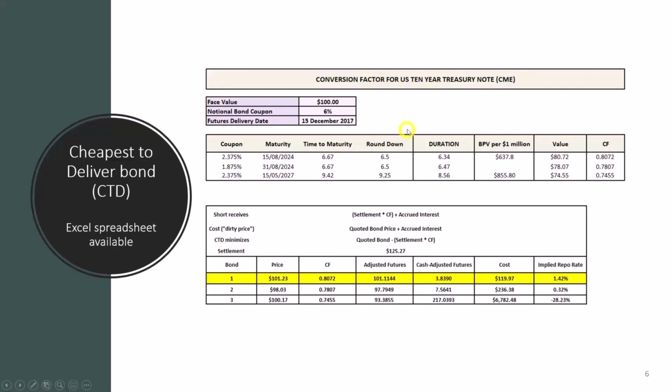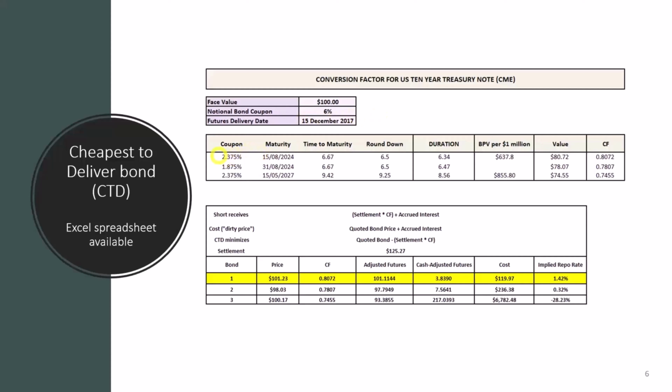I'm going to talk about the conversion factor, show how that works, and explain how we can take these 3 bonds, which at the time this is recorded, all of which are outstanding and all of which could have been delivered against the contract here, which expired in the middle of December of 2017.